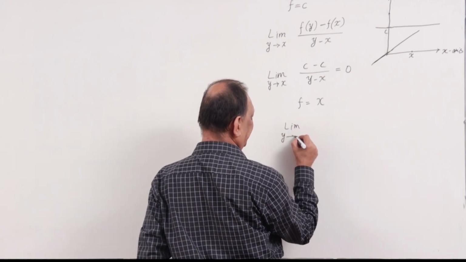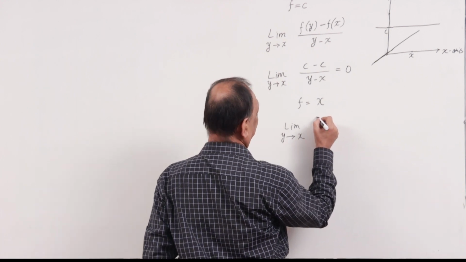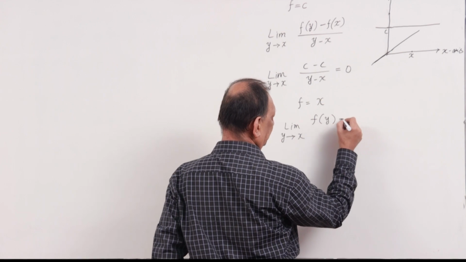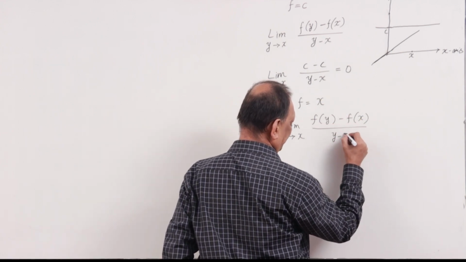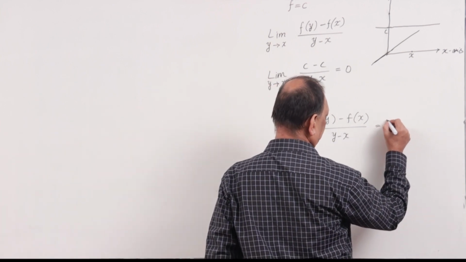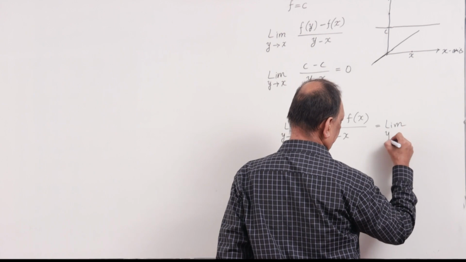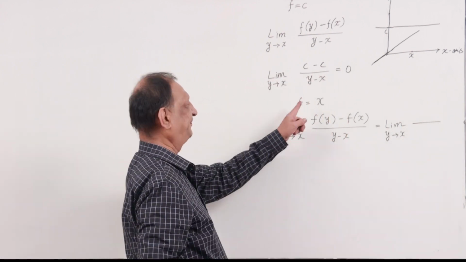Limit as a variable y tends to x of f of y minus f of x divided by y minus x, equal to limit y tends to x. f is x, yeah.